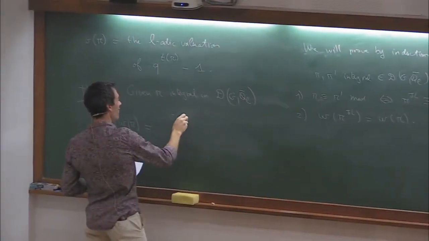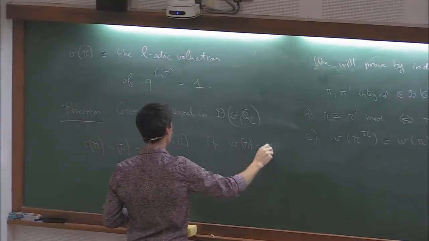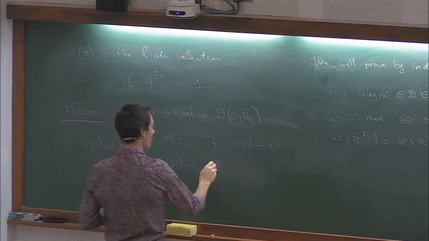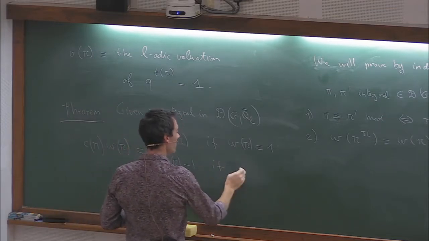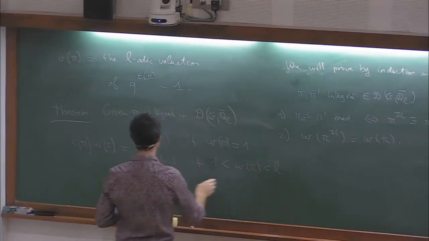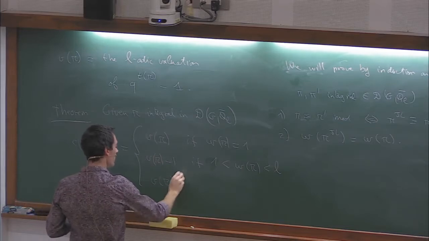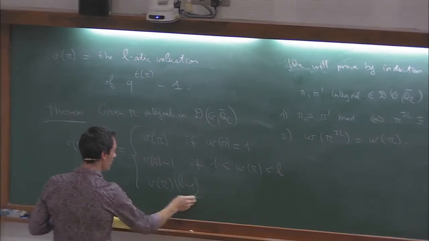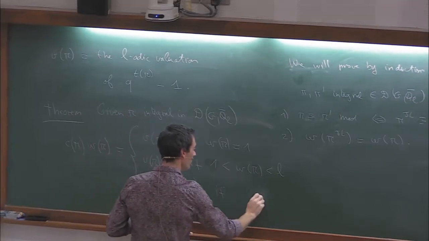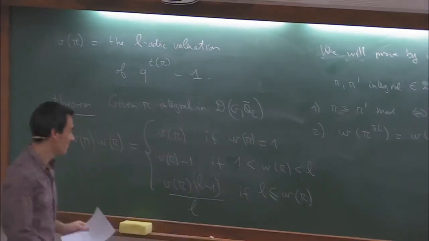It is equal to V of pi if W of pi is 1. It is equal to V of pi minus 1 if W of pi is strictly between 1 and L, and it is equal to V of pi L minus 1 over L if W of pi is greater than or equal to L.